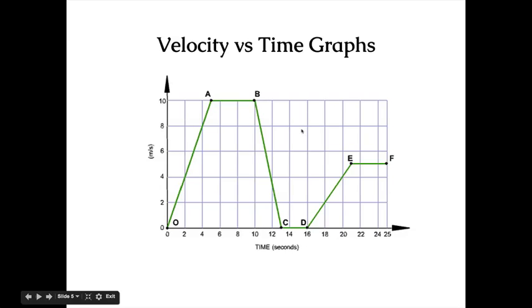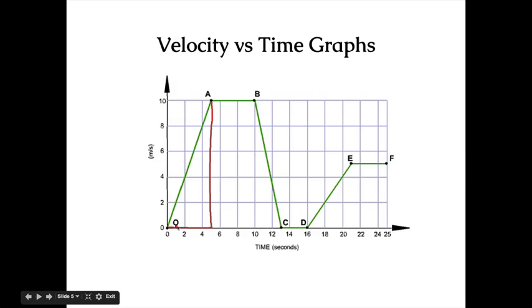So let's take a look at this graph, and let's pretend that this graph is representing a bus in motion. This bus is traveling at 0 meters per second, and it increases its speed up to 10 meters per second in just 5 seconds. How could we calculate its rate of acceleration? Again, we would just find the slope of this graph, taking the rise over run.